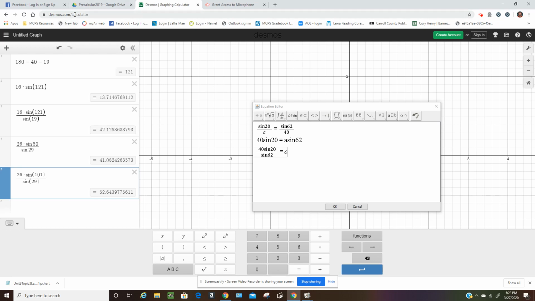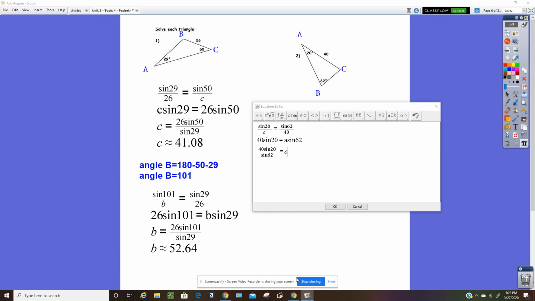If you notice up here, the web address is Desmos.com, and then you're just going to click on the calculator there. And so the thing that I want to set up here is 40 sine of 20 divided by sine of 62.